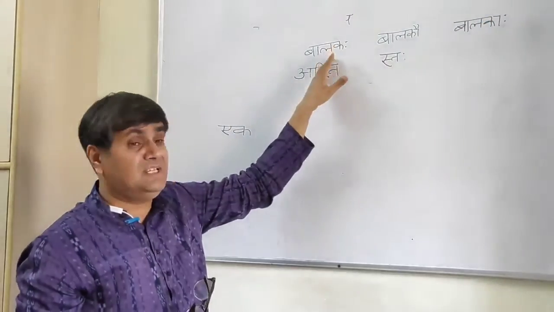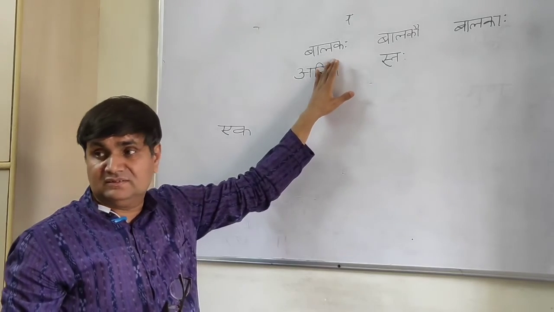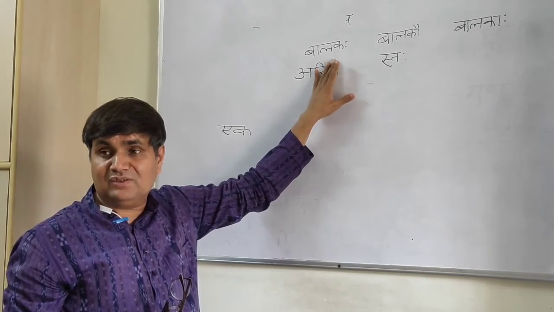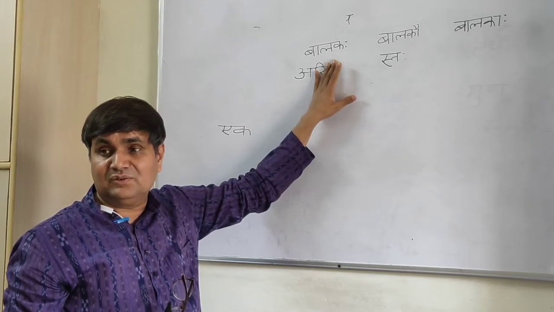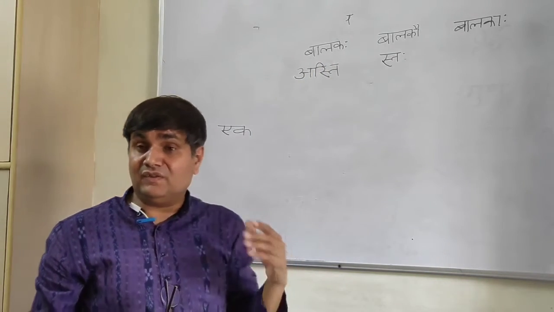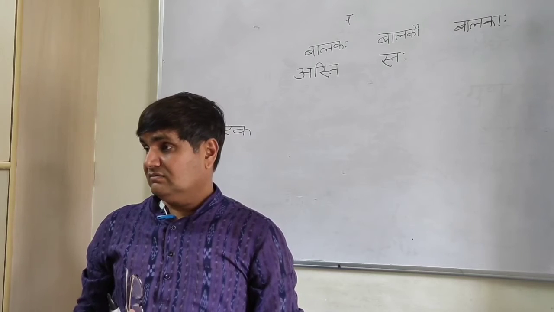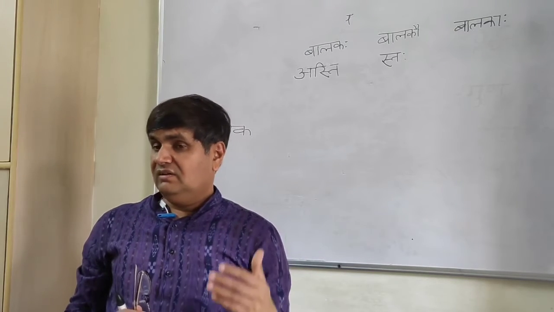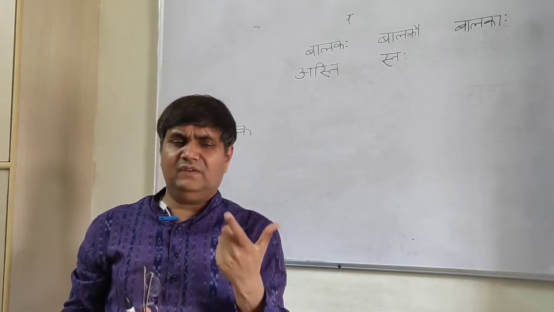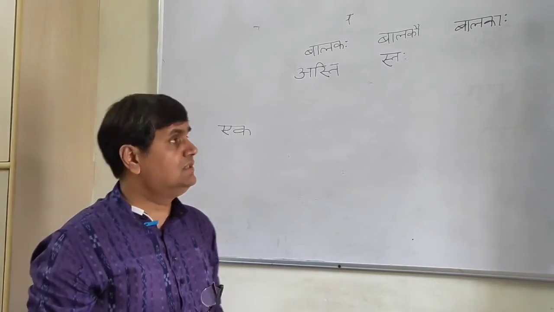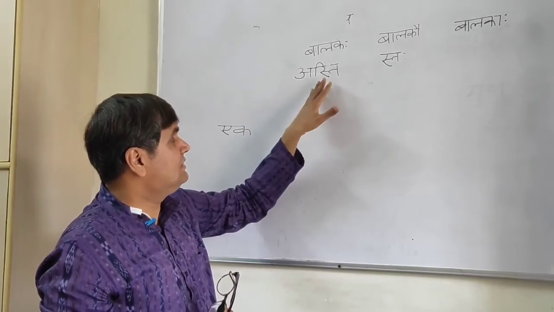So this is pronounced as balakaah. This is difficult for you as your language has only one type of a. We actually have three types of a. We have this very peculiar feature in the Sanskrit language.